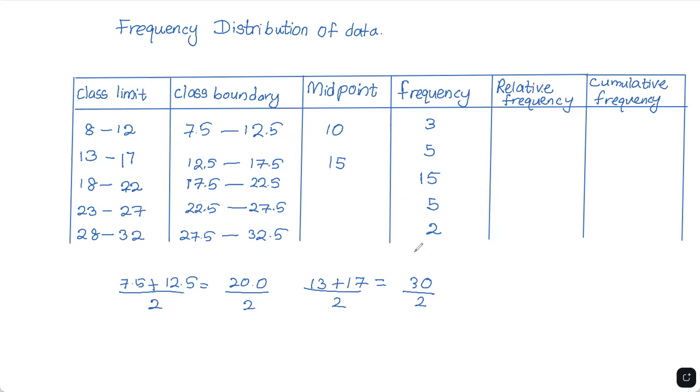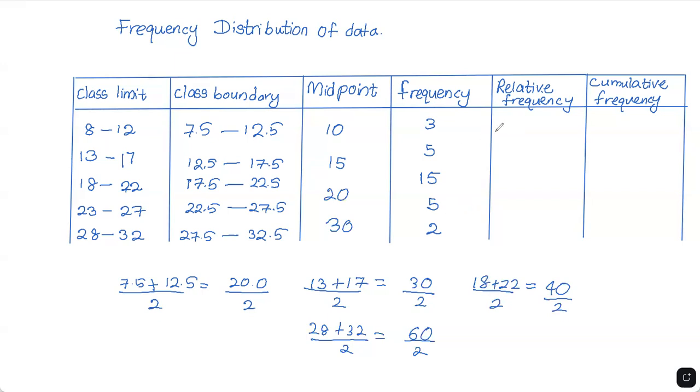The third class midpoint is 18 plus 22 divided by 2, which is 20. And for the last class, 28 plus 32 divided by 2, which is 60 divided by 2, 30. So now we have the midpoints like this.